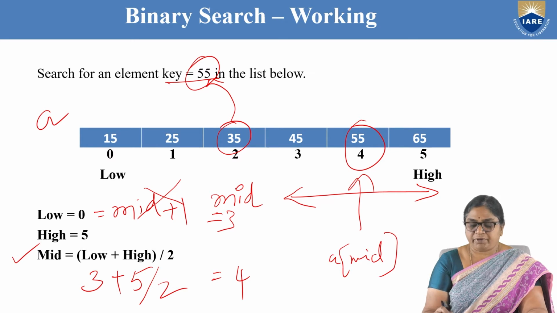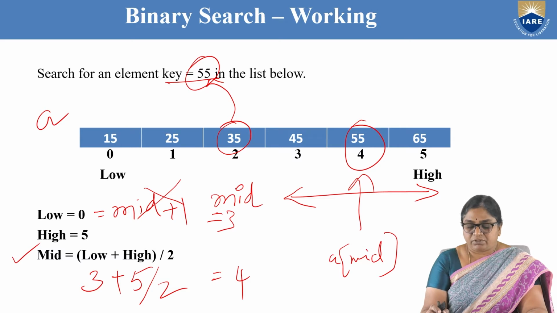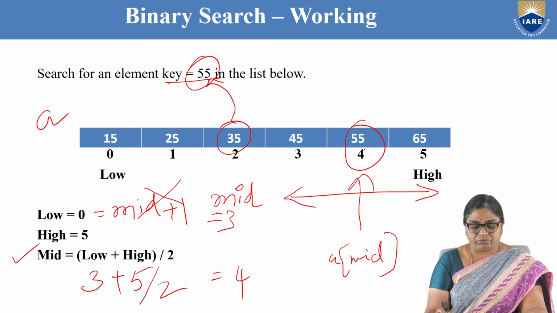So here the key element is equivalent to the middle element. So the match is found. The search is successful in this case. Now we will return that index 4, that mid value 4, as the location, the index at which we found the key element. This 4 we have to return.